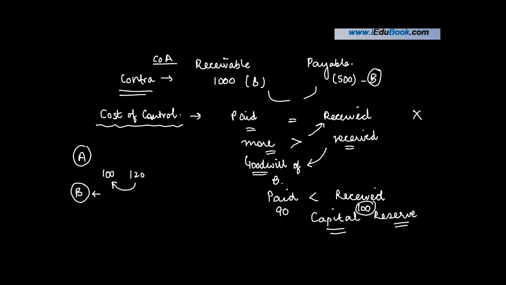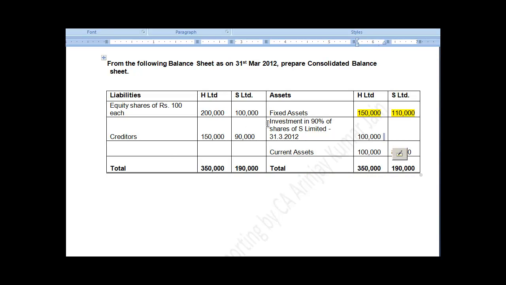So cost of control is nothing but what you pay vis-a-vis what you receive, right? So in my example, I'll just remove this from here. What have I done? I have paid investment. That's the amount I have invested. How much is that? 1 lakh, right?